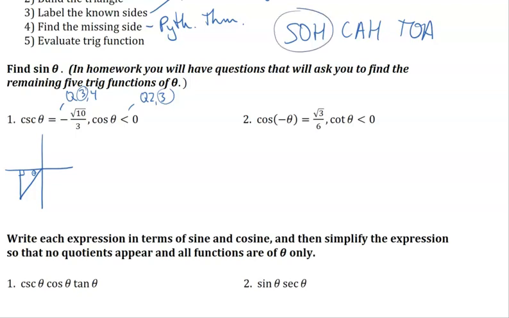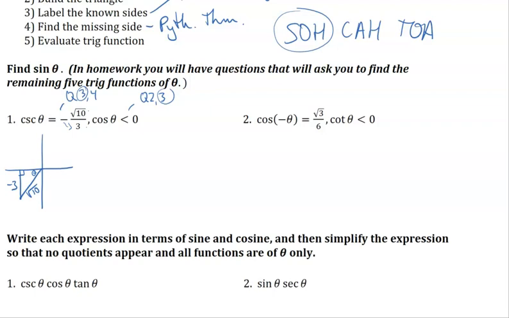The reciprocal of sine means we're going to do hypotenuse over opposite leg. So this is hypotenuse over opposite leg. Now between the two of them, I just said that hypotenuse is always positive, so I'm going to keep the negative with the 3. So my hypotenuse is root 10, and my opposite leg is negative 3, okay, which is this distance down here.